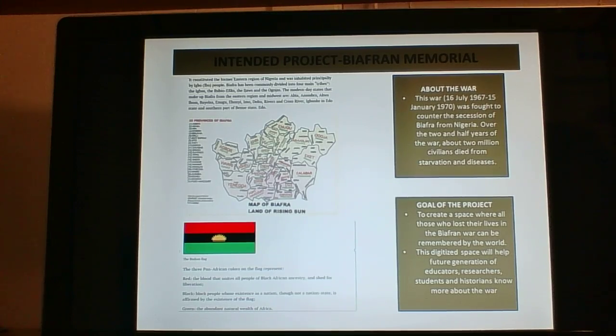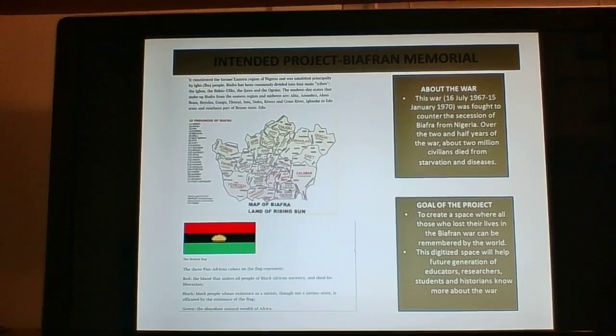As for the causes of the war, there was a military coup, and there was a counter coup, and then the main cause of the war was the persecution of Igbos in the northern states that made the war happen.